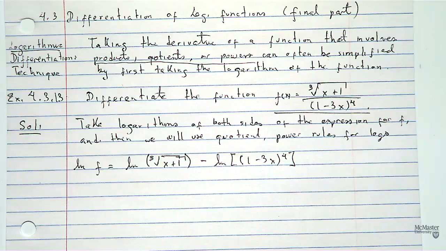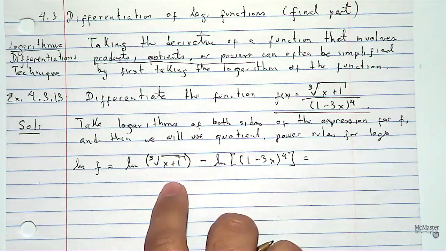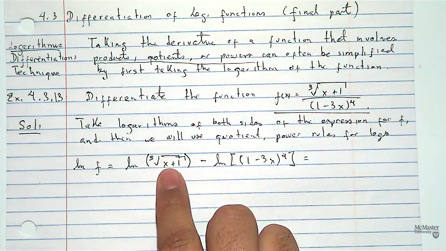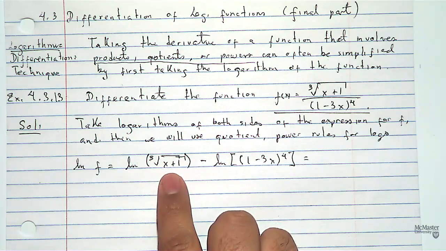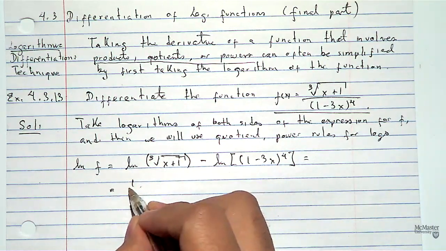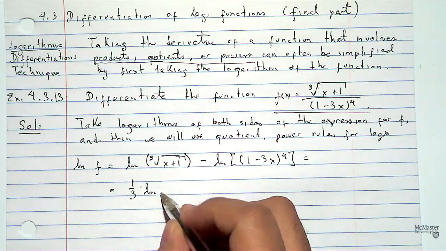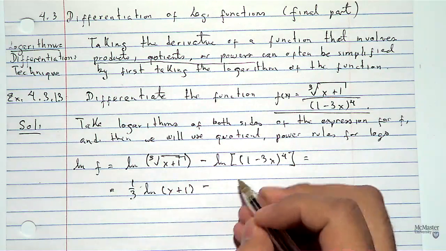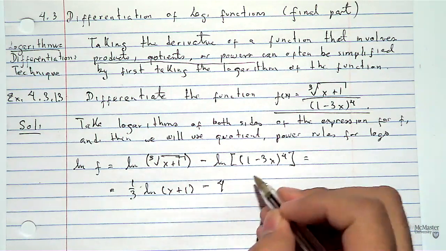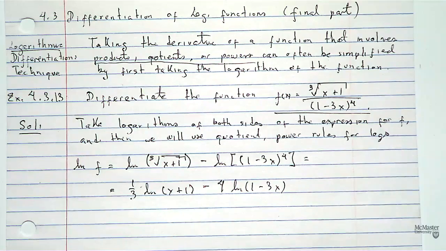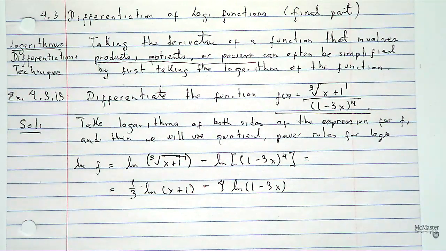So I can still further use the properties of the logs, as you remember, because this is a cubic root, so the exponent of the argument inside is 1/3. So this would be the same as 1/3 of the natural log of x plus 1. And then again, I also use the properties of the logs, so the exponent comes down, 4 times log of 1 minus 3x. So far so good, right?